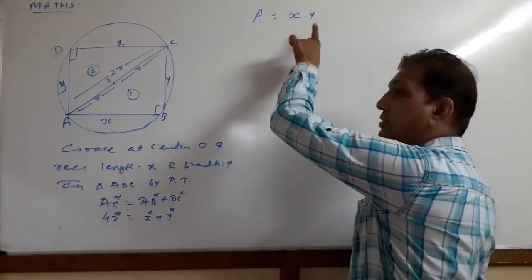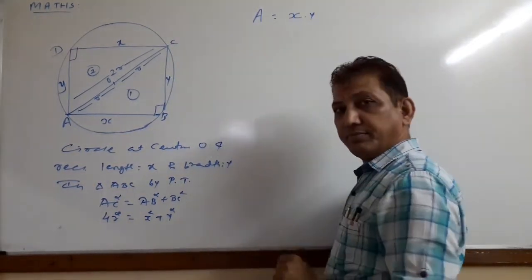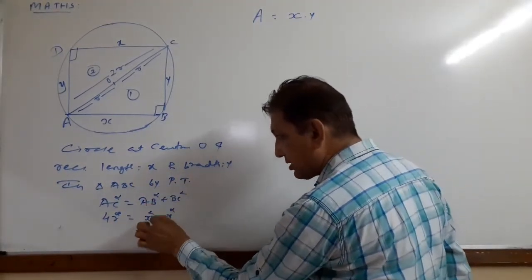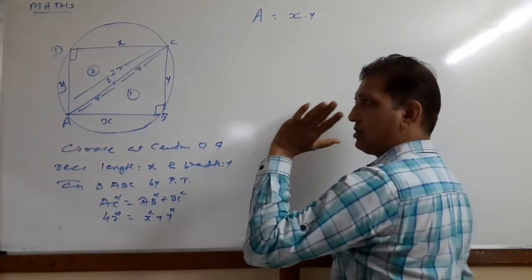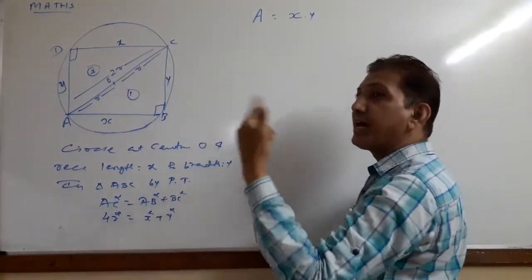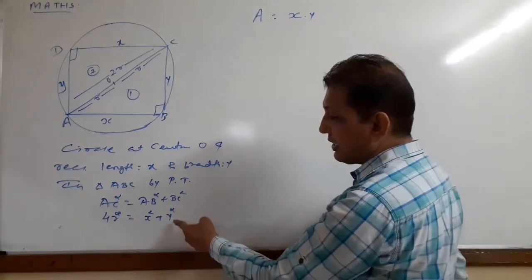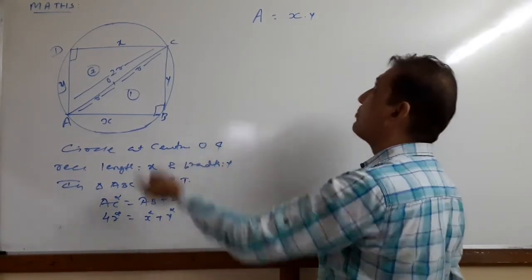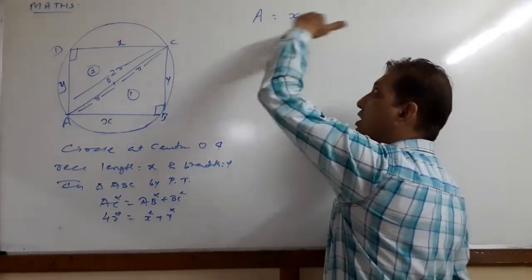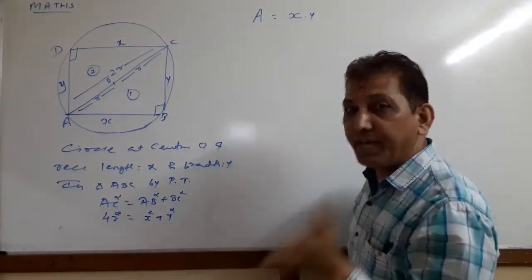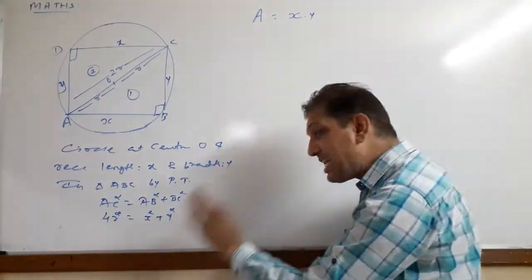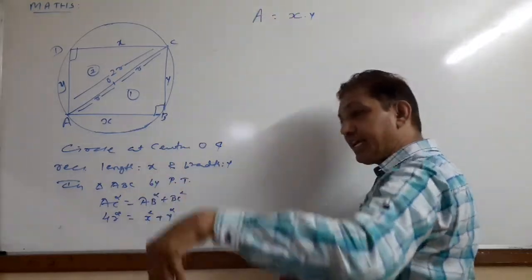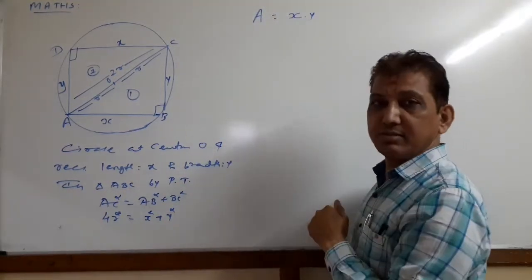Now here you can make X the subject, then put the value of X, so our total function is in the Y variable. Or make Y the subject and put the value of Y, so your function is a variable in terms of X. You can take any one as the subject and place the value here. This is our function because we prove that the area is maximum or minimum.